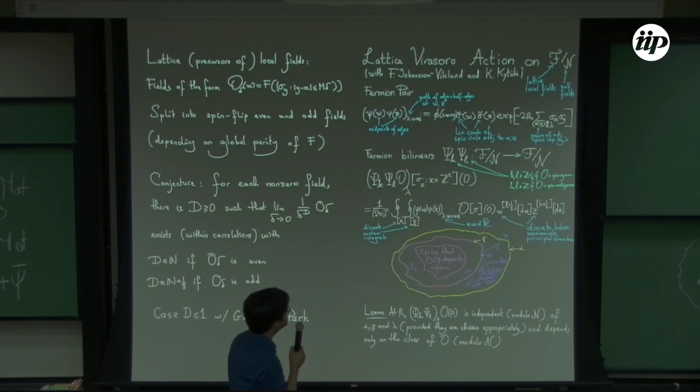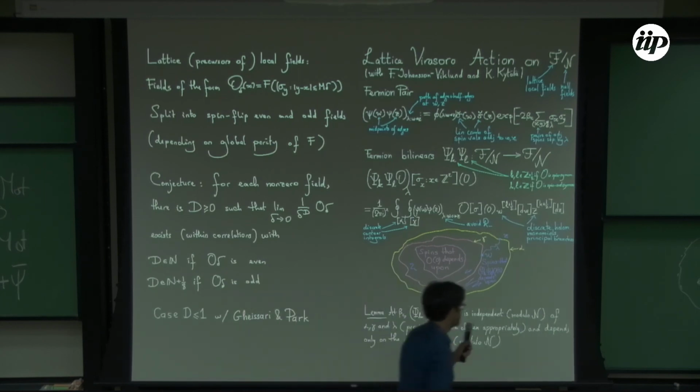In the case of the Ising model, it's quadratic in the fermion. So the stress tensor for Ising is something like psi d psi. This guy is discrete holomorphic. A product of two discrete holomorphic guys is not necessarily.